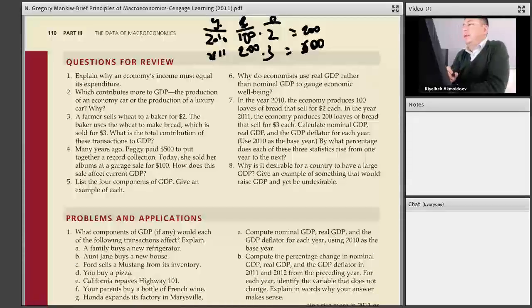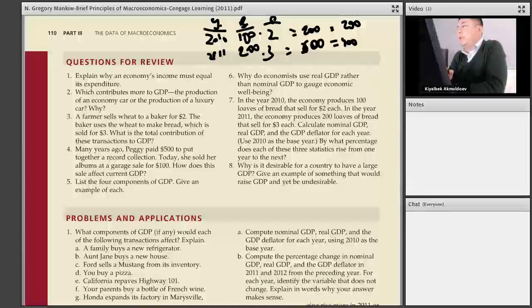Real GDP: we use the price of the base year. The second year quantity is 200, and the price is not 3 but 2, so 2 times 200 is 400. This is real GDP. What else?